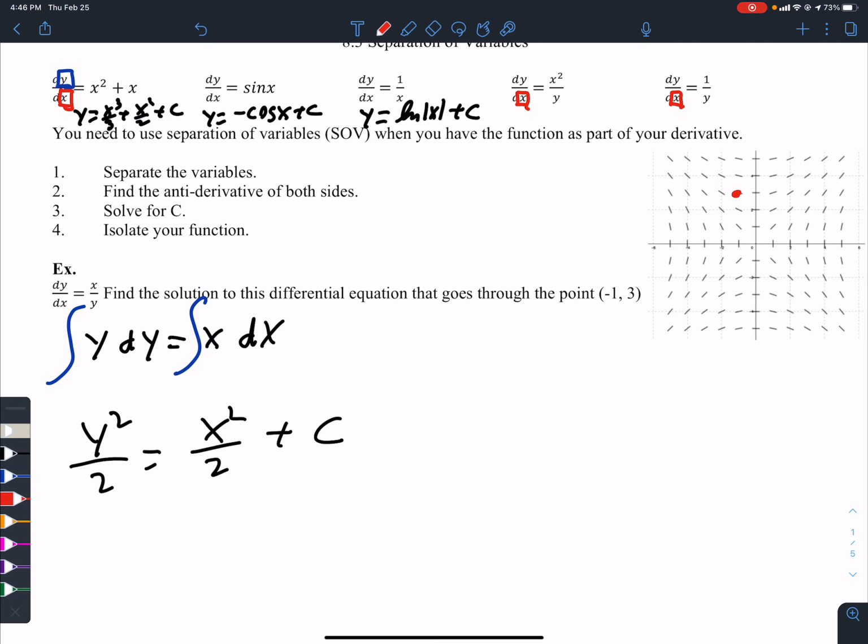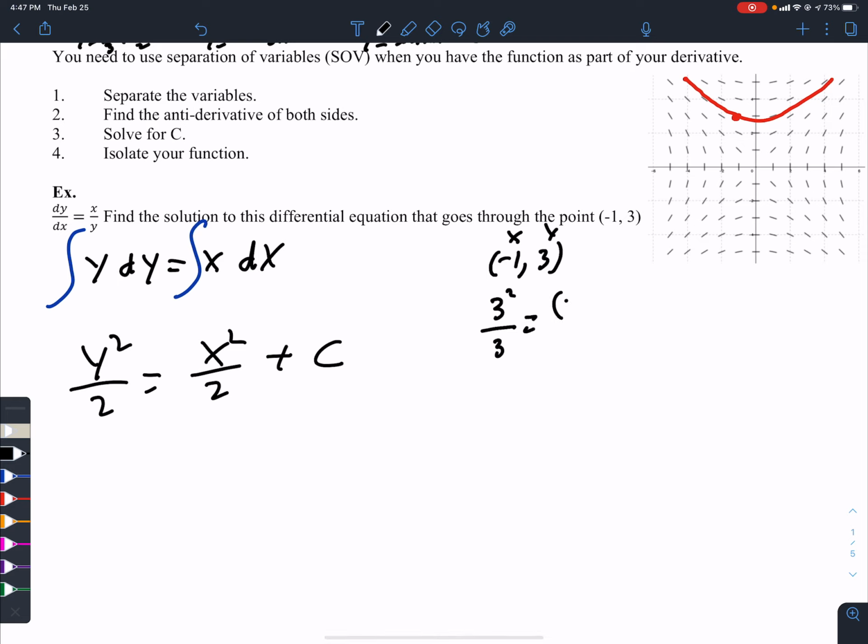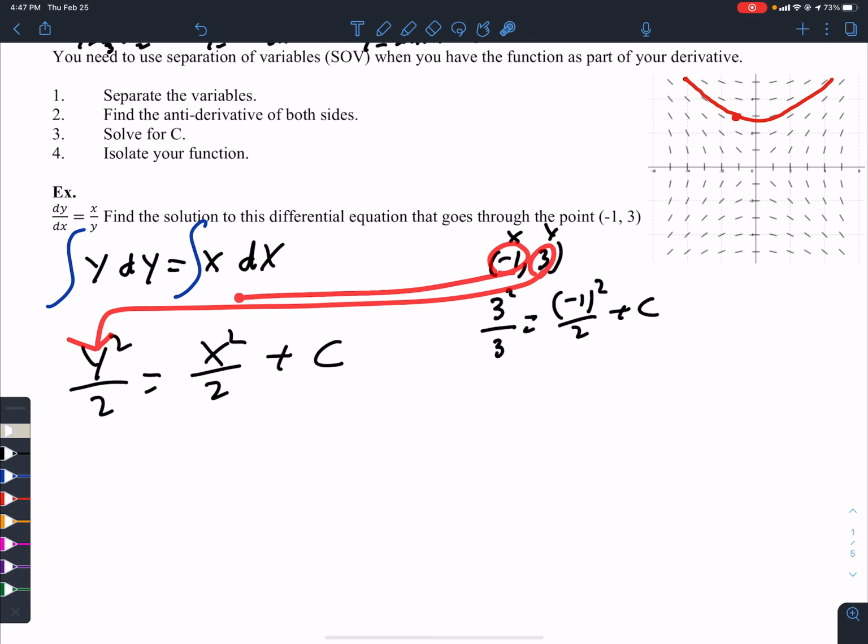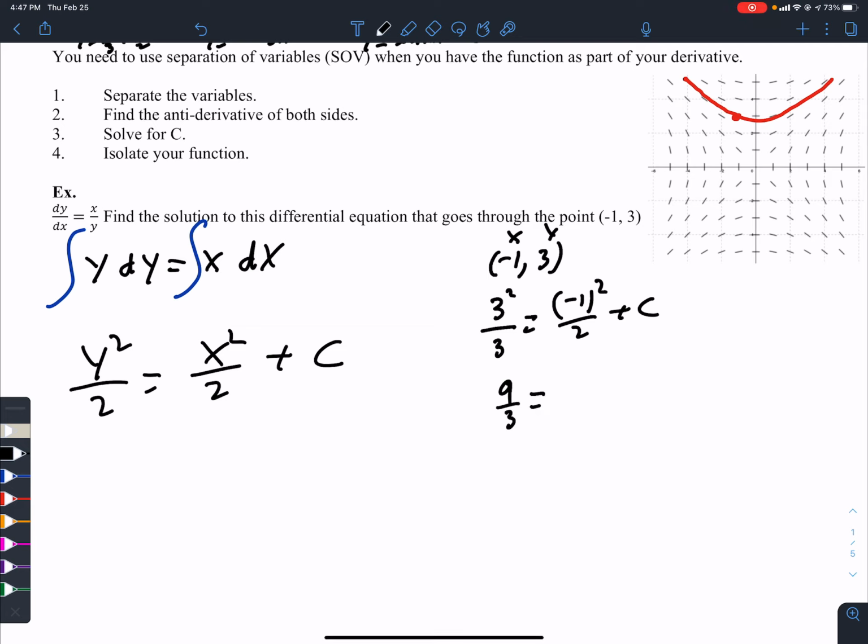So we know it goes through -1, 3, where that's x and that's y. So off to the side, in my equation, I replace y with 3, x with -1, and again, just the 3 goes in here, and then -1 goes here, and we get 9/3 equals, wait a second, 9/2.